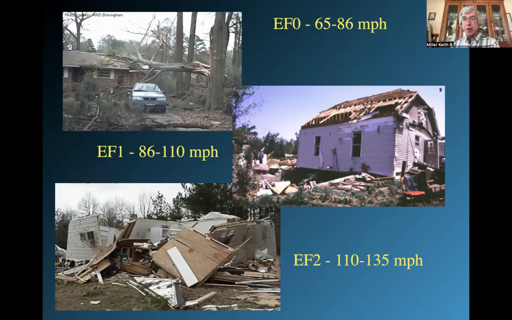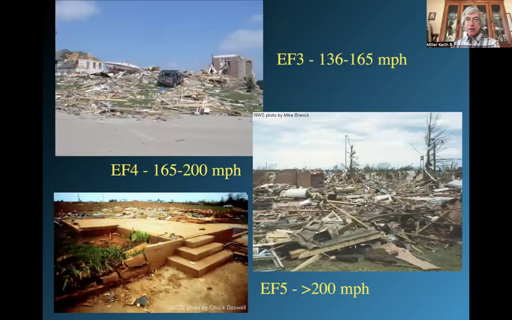Tornadoes are classified by what's called an EF scale. And the higher the wind speeds within the tornado, the higher the EF value. So an EF 0 is between 65 and 86 and so forth. So you have EF 0, EF 1, EF 2, EF 3s, EF 4s, and the most intense are EF 5s.